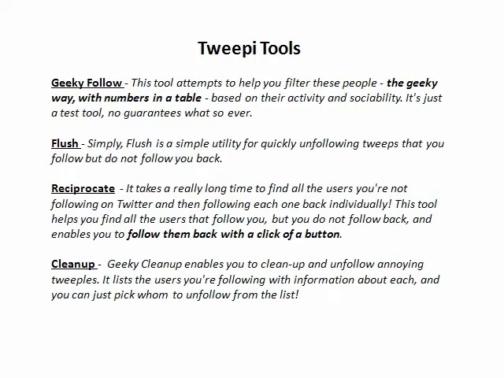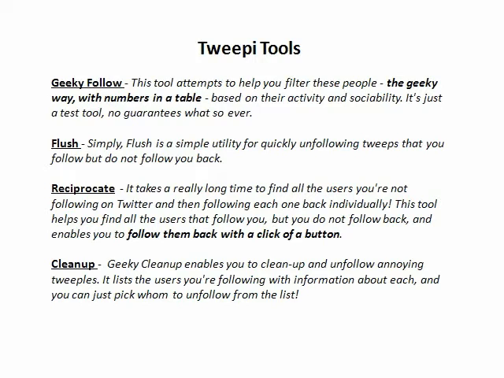Flush is simply a utility for quickly unfollowing people that you follow but who do not follow you back. Reciprocate: it takes a really long time to find all the users you're not following on Twitter and then try to follow each one back individually.